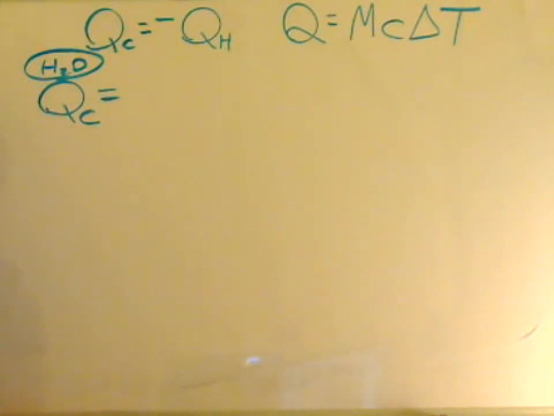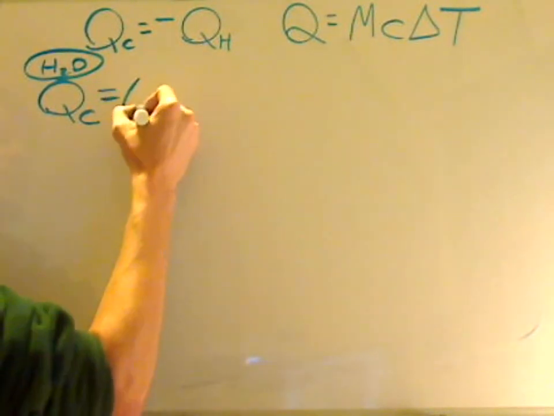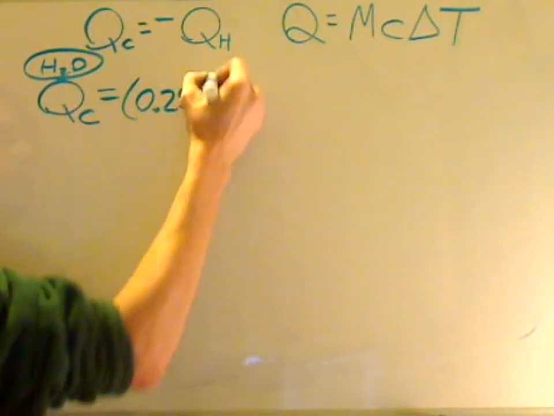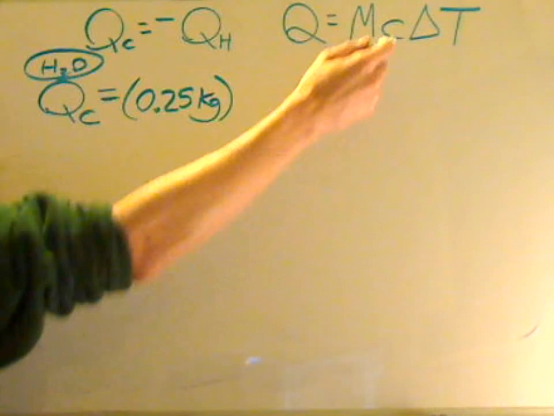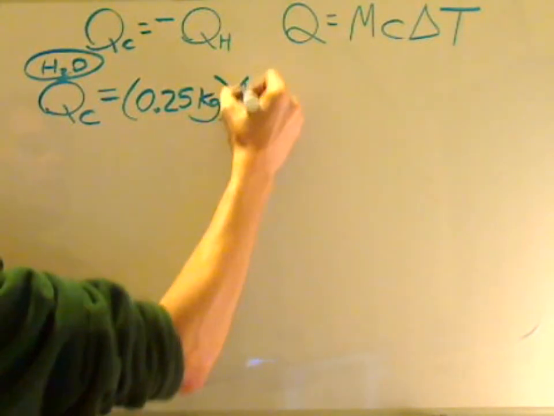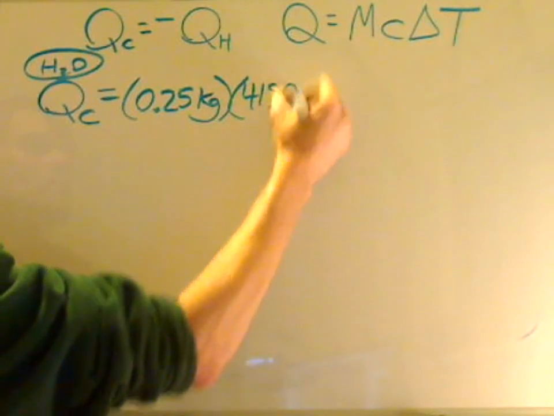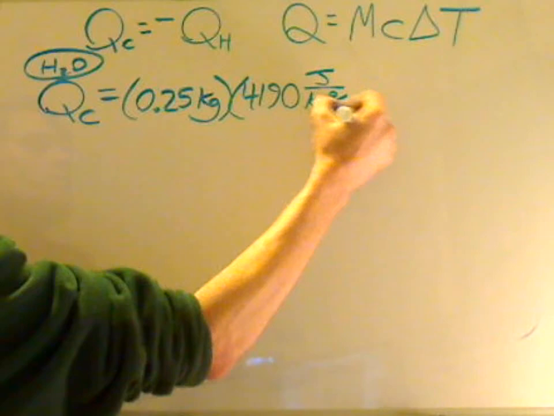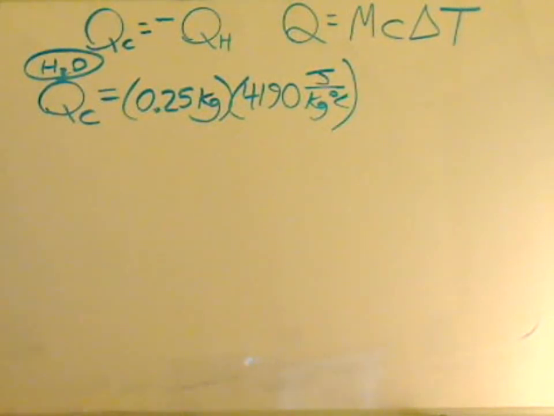And the water has a mass of 0.25 kilograms. Now we need to look up the specific heat of water. The specific heat of water is 4190 joules per kilogram degrees Celsius. Okay, so that's just listed in the table in the textbook.